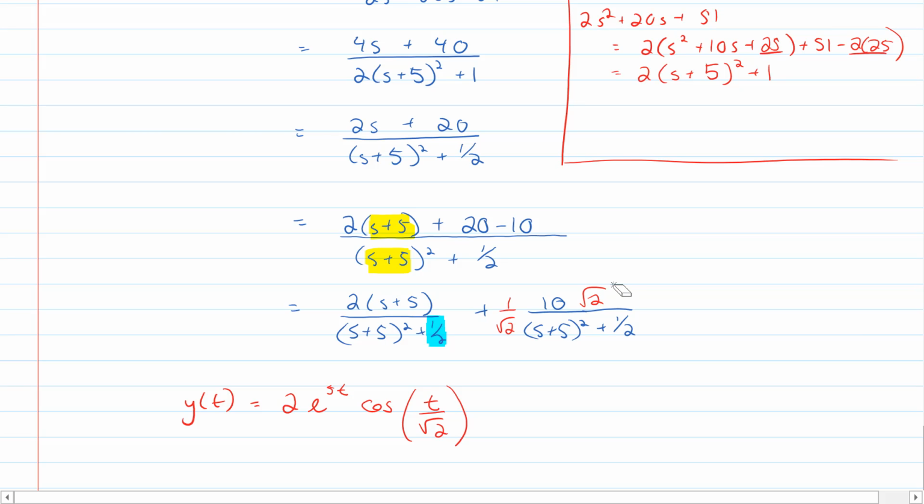Wait a minute, that is not what I want. I wanted a 1 over square root of 2 here, which is omega in the top, and that means that we're going to multiply by square root of 2 on the outside. And so we're going to get 10 times the square root of 2 times e^(−5t) times sine of t over the square root of 2. And we're done.